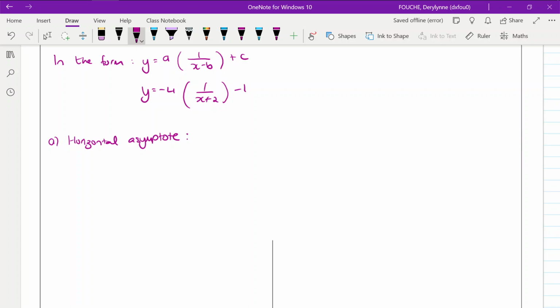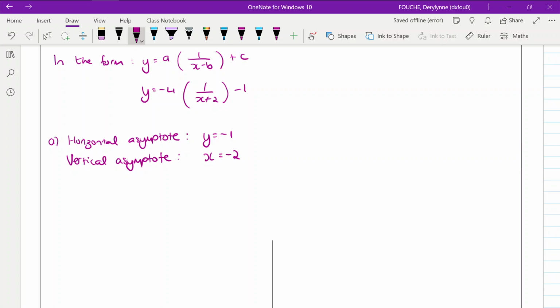I know it feels a little bit weird, but anyway, at -1. So y equals -1. And we have a vertical asymptote. This is the only shape that we do that has the two asymptotes, and that will be at x equals -2.